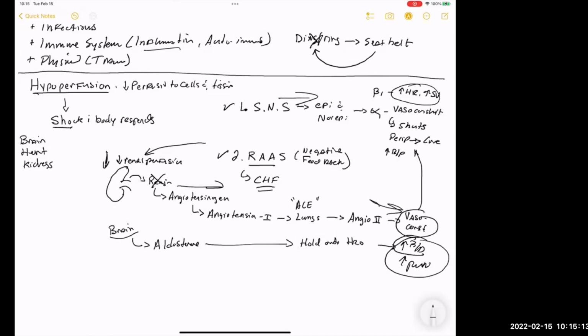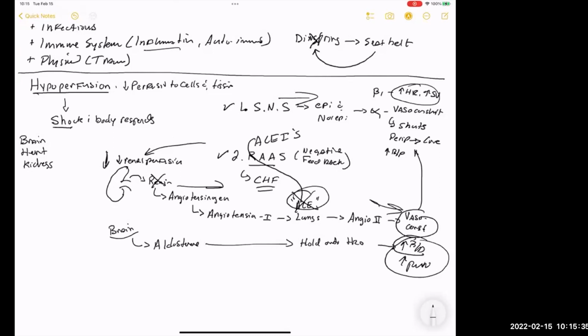And so a part of treating congestive heart failure is interrupting these pathways. And that's why, for example, ACE inhibitors, angiotensin converting enzyme inhibitors that inhibit the ACE enzyme in the lungs, are an important part of this, right?